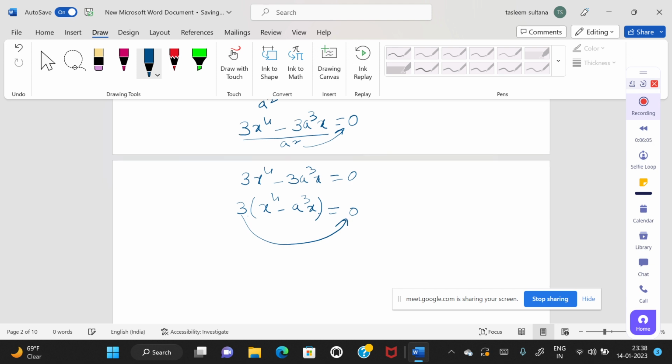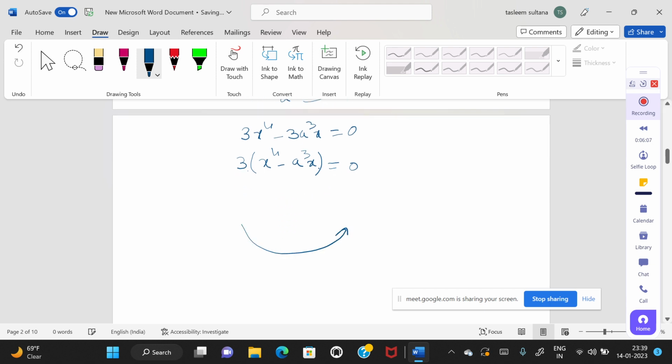Take this 3 to the other side. So it is x power 4 minus a cube x is equal to 0. From here I can take x as common: x of x cube minus a cube is equal to 0.